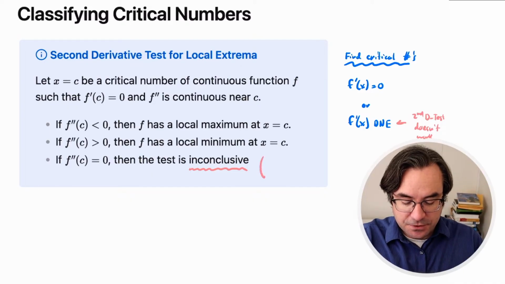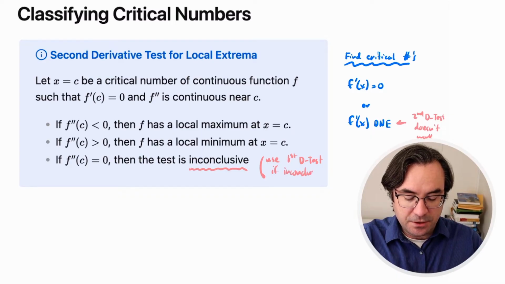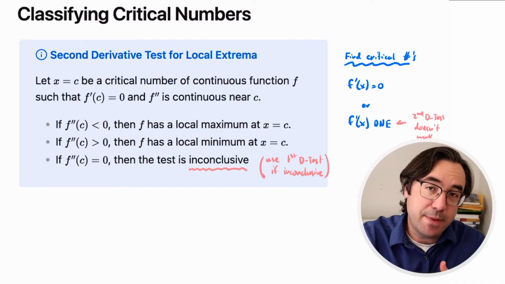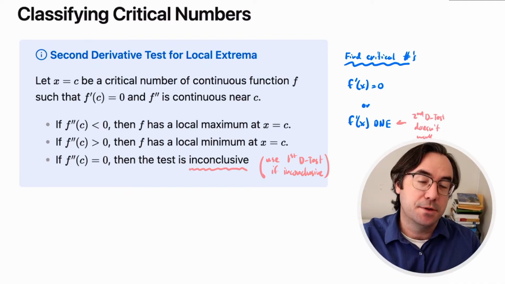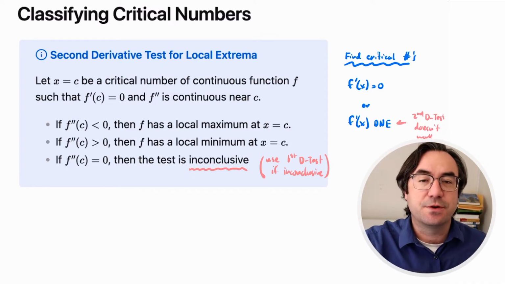So if it's inconclusive, then, again, you have to use the first derivative test. Inconclusive means you don't know. We don't know what's going on there. Could be a max, could be a min, could be neither. So you have to try the first derivative test instead.